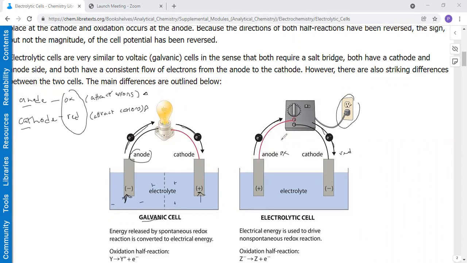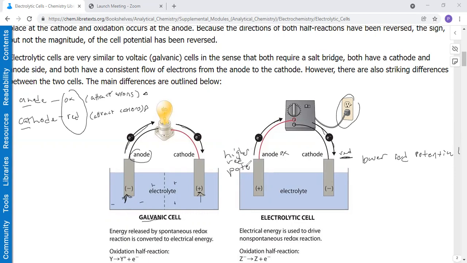This would not have occurred in the cell, meaning that normally this cathode, which is being reduced here, actually has a lower reduction potential than the anode. This actually has the higher reduction potential, but you don't care.